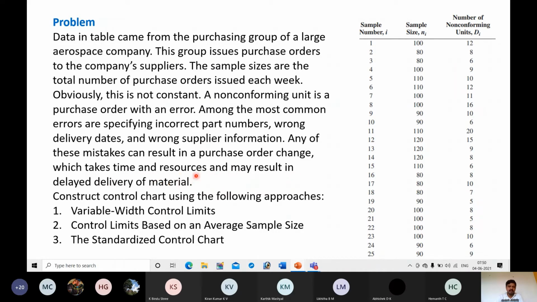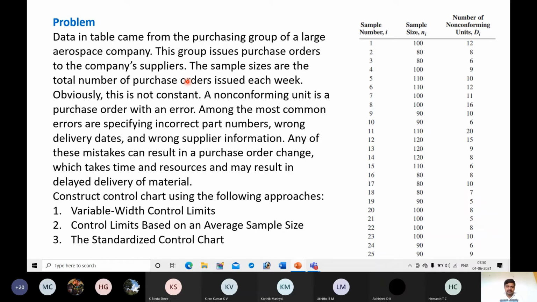delayed delivery of material. So here in this problem, there is an aerospace company. This company is procuring some of the components from its suppliers. It is not manufacturing all components in-house. Instead, it is procuring some components from suppliers. So in order to procure components from suppliers, the company has to place orders.